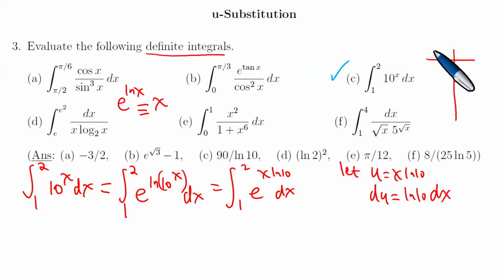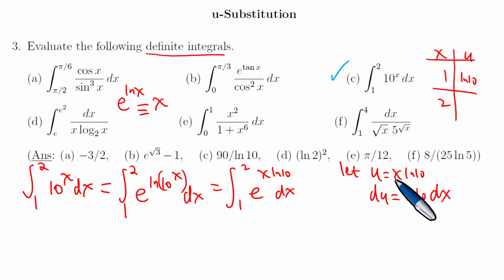Now you have the x and the u, a change of variable. A transformation exists and has been defined. We let u be x ln 10, so now the integral for x is from 1 to 2, but now u is x ln 10. Put 1 in the place of x, it becomes ln 10.